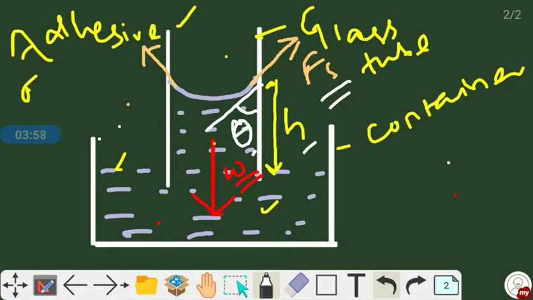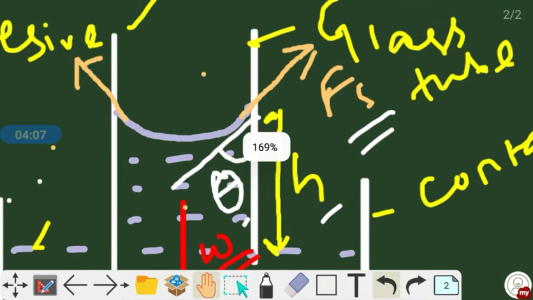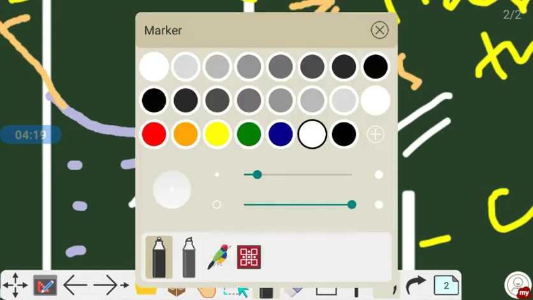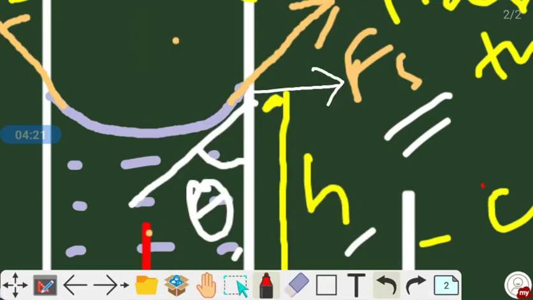So one thing we could say is that this surface tension force will have two components. One component will be in the horizontal direction, and the other component will be in the vertical direction. Okay, so this horizontal component will act on the periphery.